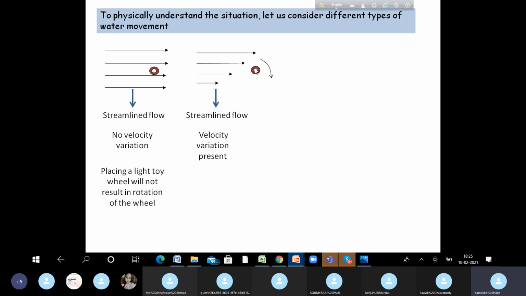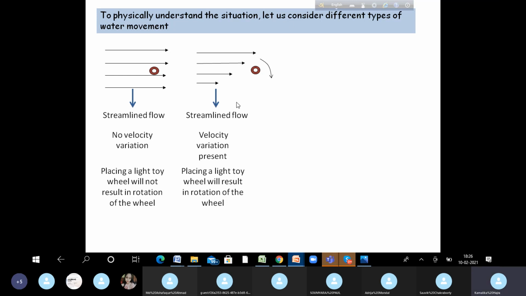And since the two forces are unequal, there will be a torque that acts on this wheel, which will make it rotate in a clockwise direction in this particular case. If the gradient would have been in the different direction, then it would rotate in the anti-clockwise direction. So in this case, since there is a velocity variation present, from our intuition, we can say that placing a light toy wheel will result in rotation of the wheel.